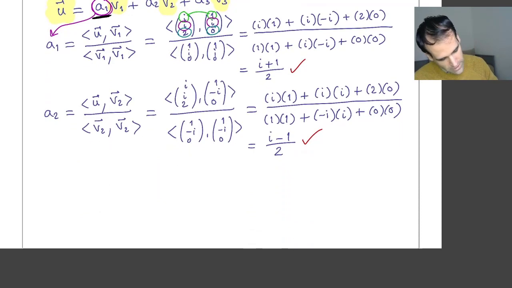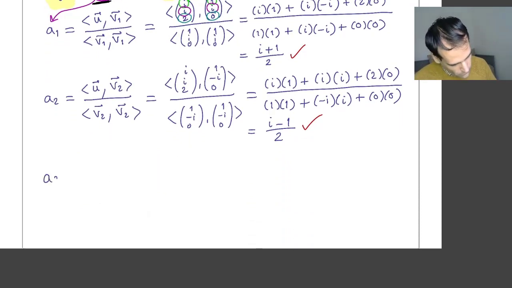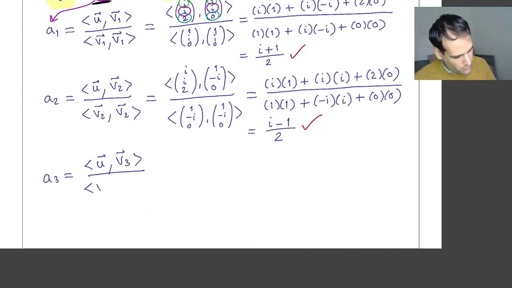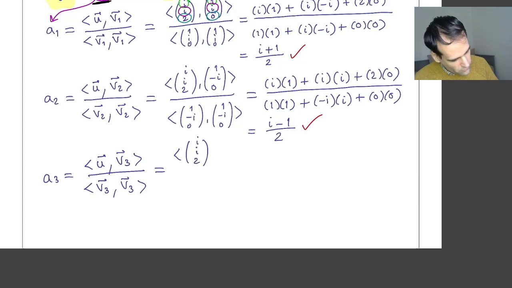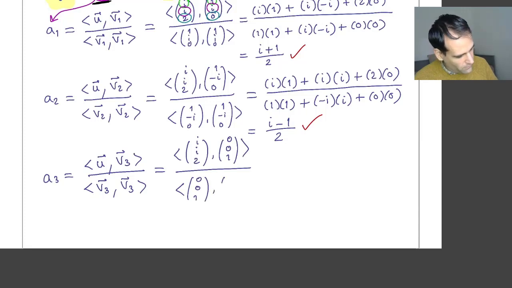And finally, for a3, it's u inner product with v3 divided by the inner product of v3 with itself. So this is equal to the inner product of i, i, 2 with 0, 0, 1 divided by the inner product of 0, 0, 1 with itself.